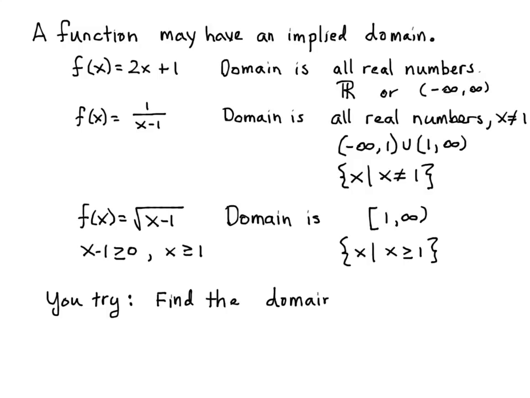But in the meantime, find the domain of this function. And I'm really not too particular right now about how you express that. So let's just think conceptually. What would be the domain here? So the domain are all the numbers I can stick in here and get a number out of it.